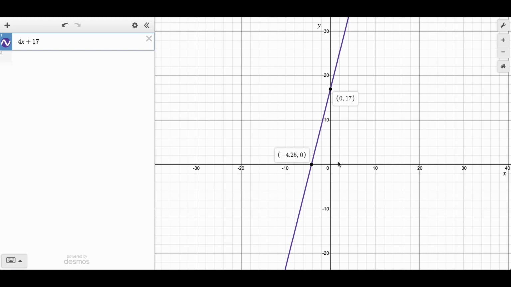Basically, what these intercepts are is when this graph intersects the x-axis and when this graph intersects the y-axis. And if you've noticed that this y-coordinate at the y-intercept is the exact same as this here, yes, you're right. This value is always going to be the y-coordinate of the y-intercept.